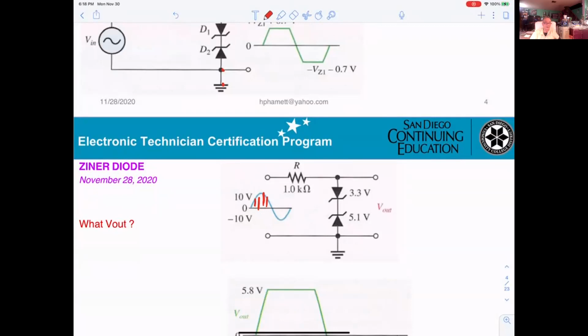On the first positive cycle, the second Zener will break down, and the first Zener will be working normally on. On the second one, what do we have?